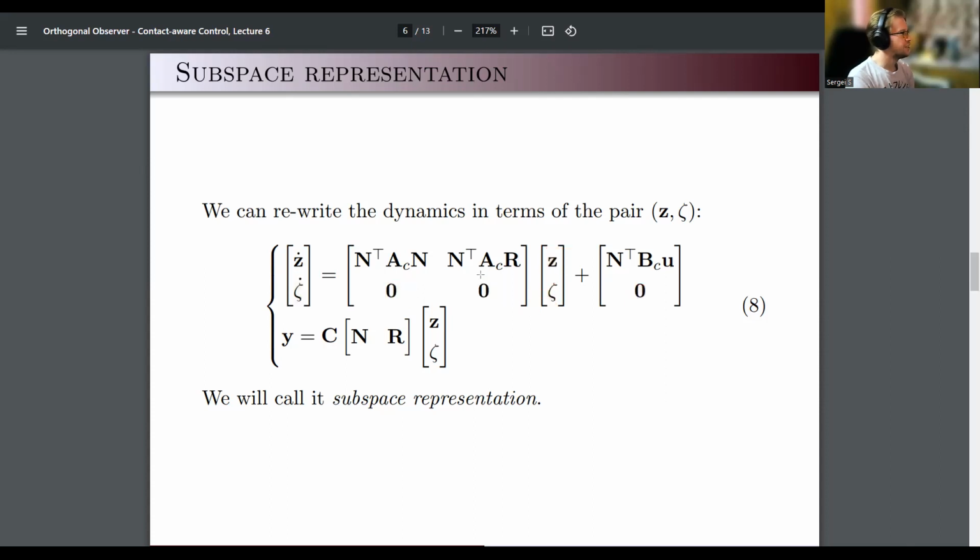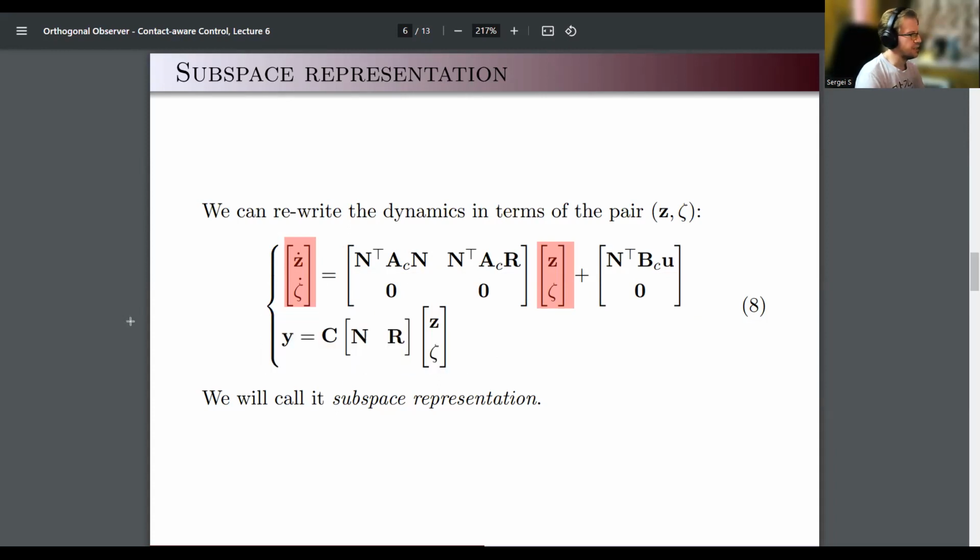Well, you will see this part will become extremely useful when we design the observer. And since we have a new pair of variables, it is nice to write the dynamics in terms of this pair. Of course, we didn't have to write the second equation because it's just 0 equals 0. But it is also not wrong.